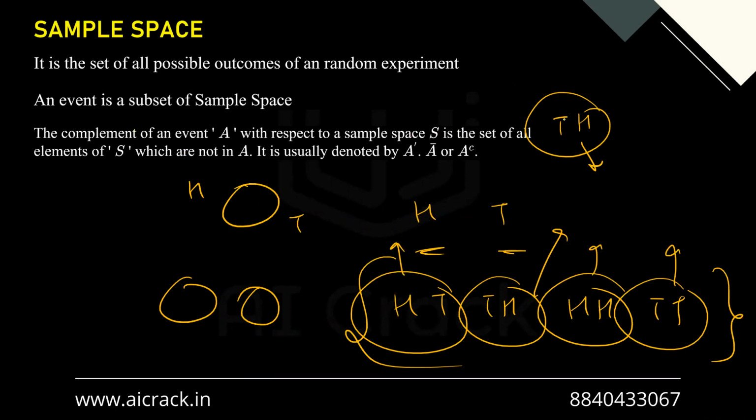So the complement would be represented by A dash or A bar or A C, whatever you prefer. So A plus A dash, the remaining elements, would combine to form the entire sample space. So this event and the events which are not a part of this particular event, the summation of both of them would be the entire sample space, right? That's what we mean by complement.